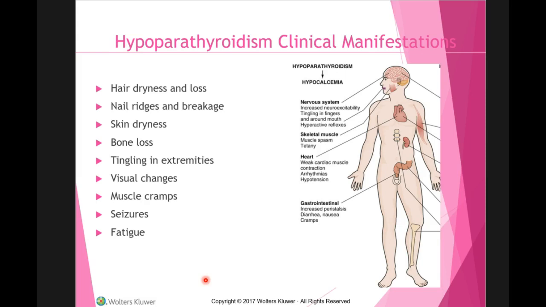But the heart doesn't work independently. The nervous system plays a part. So you have these weak cardiac muscle contractions and these excitable nerves, and this can lead to arrhythmias and hypotension.